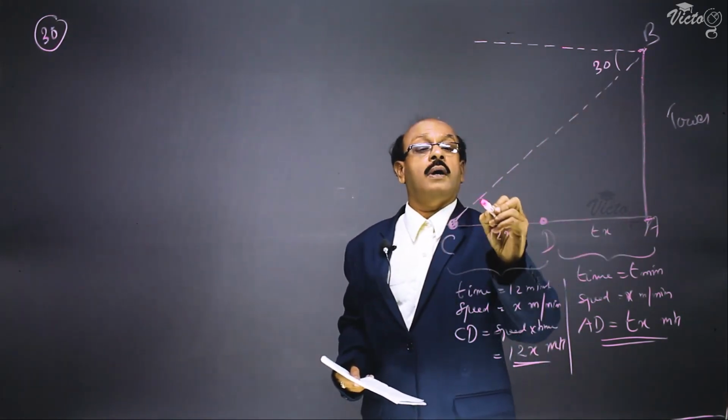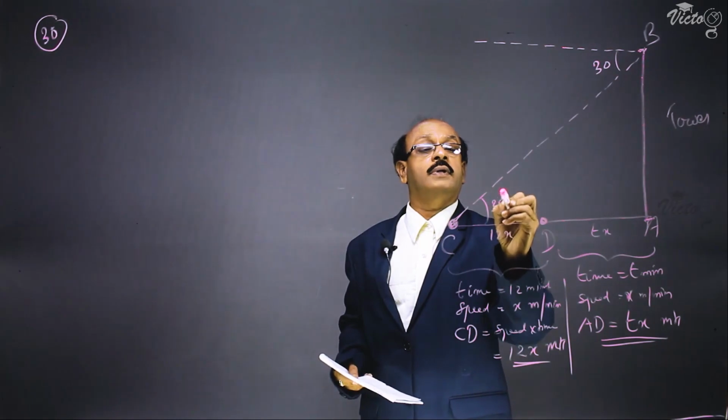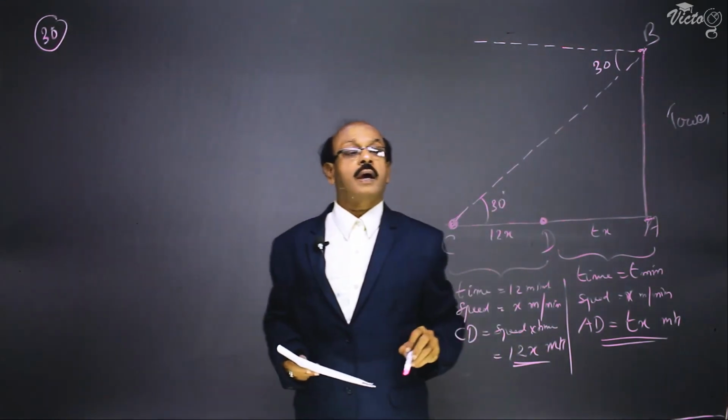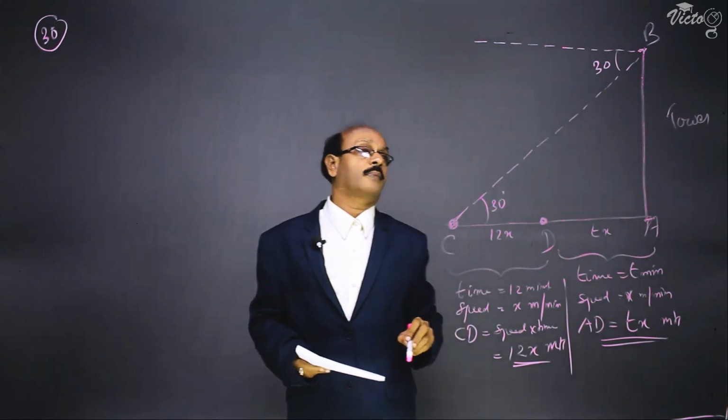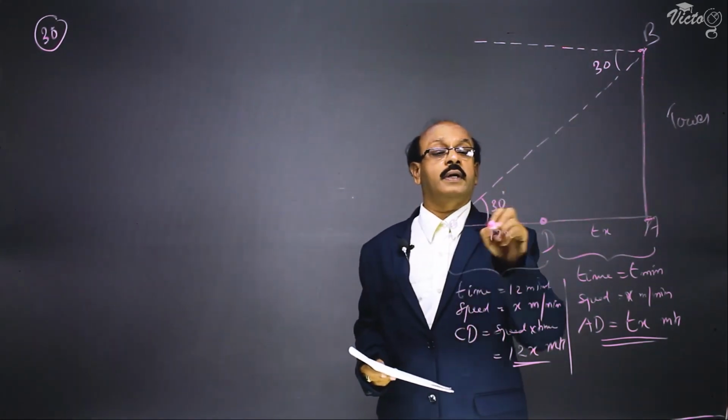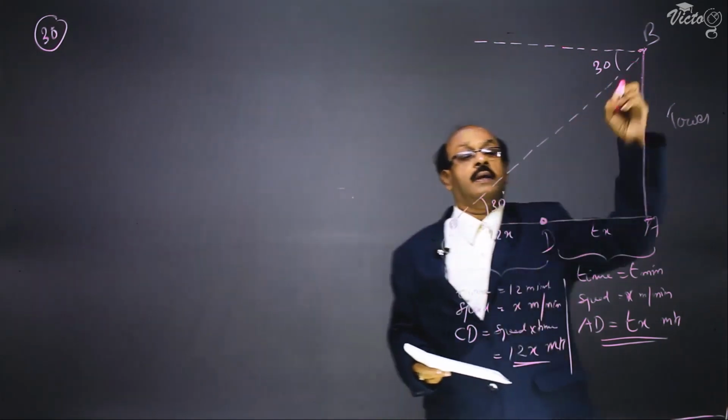So, the angle here is also 30 degree because a pair of alternate angles are equal. Now, this angle changes from 30 degree to 45 degree.